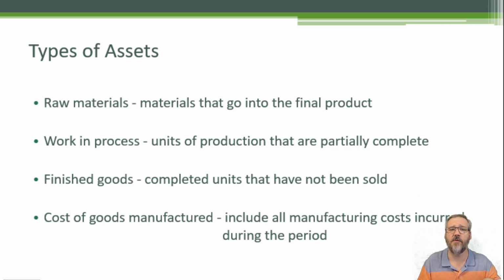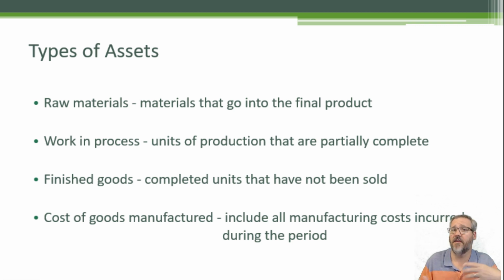But in the meantime, we've got raw materials that are sitting waiting to be started on. When we start hammering the nails into the lumber, we've got work in process. We're working on a house. And again, that is an asset because we're combining the values of other assets.